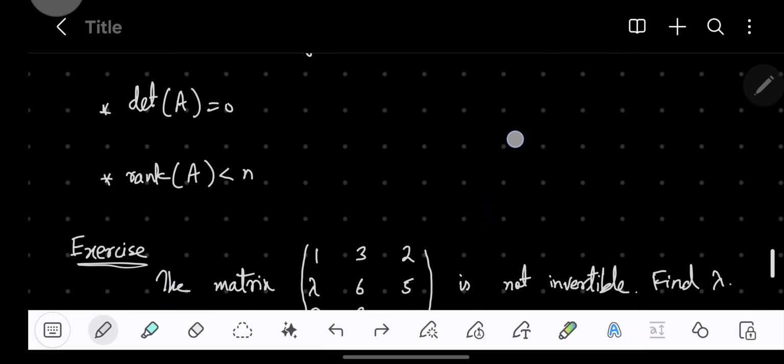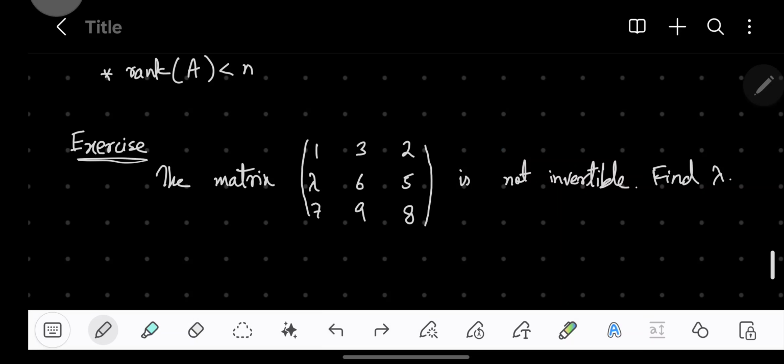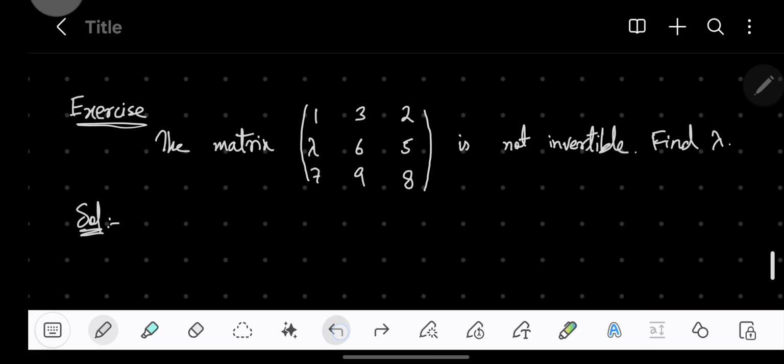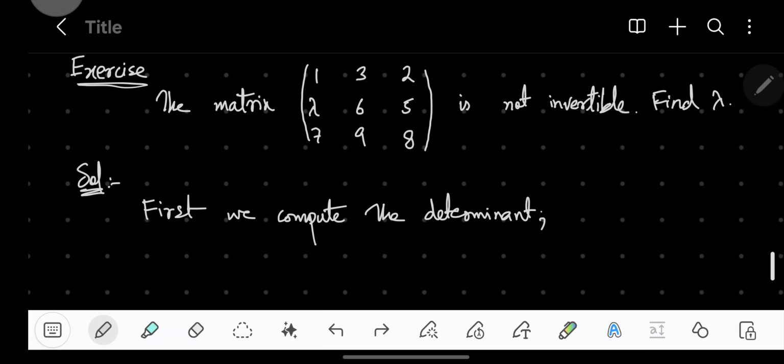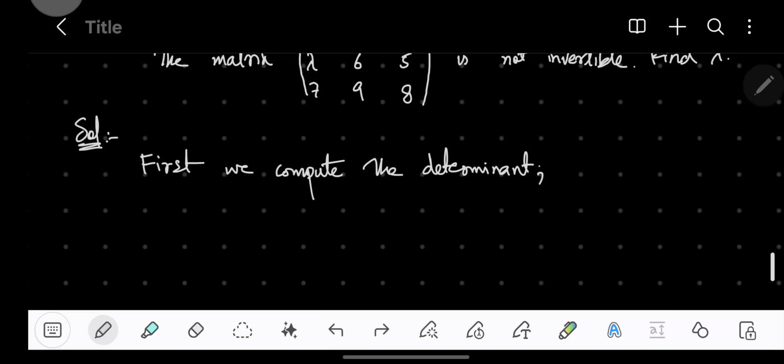Whenever the matrix is not invertible, the determinant will always be 0. So let's solve this example. We will use the fact that it is not invertible, so the determinant is 0. First of all, we will compute the determinant. Then we will put the determinant equal to 0 because it is not invertible.